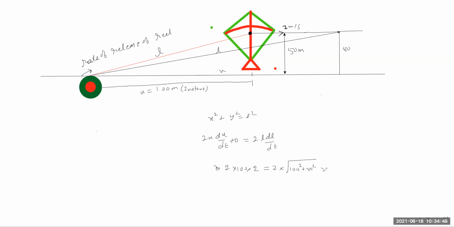This is what we are looking for. So dl by dt equals 200 upon 50 root 5, which is 4 upon root 5, which is 4 root 5 upon 5. Yeah, that's fine. That's the correct answer. Very good.